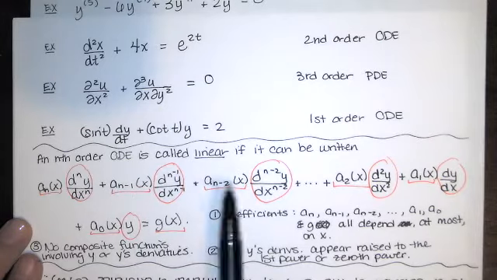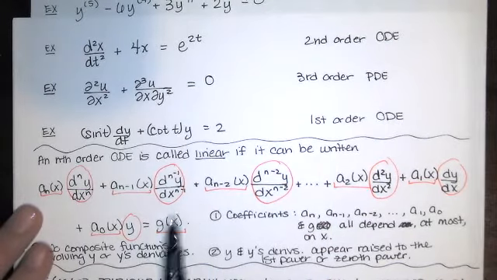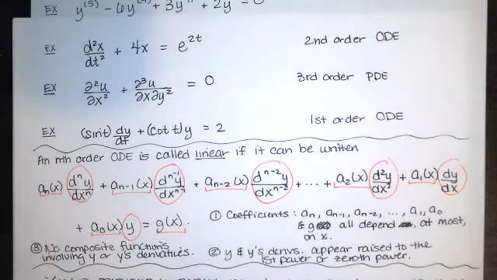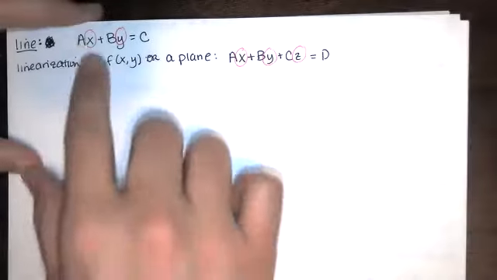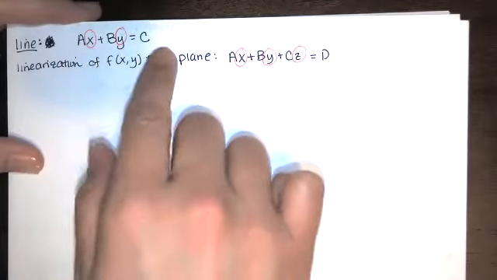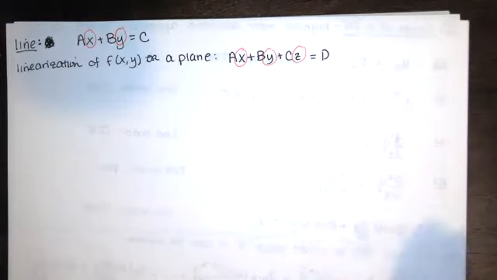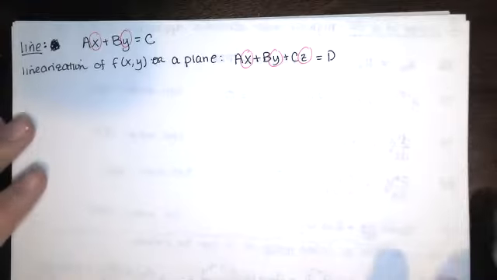If those coefficients don't depend on y or y's derivatives, and the right-hand side does not depend on y or y's derivatives, and all of the derivatives of y and y itself are all raised to the first power, then the differential equation is linear. Okay, kind of like this. So those coefficient functions are playing the role of these coefficients here. These coefficients are always constants. The other coefficients don't have to be constant, but they can't depend on y or y's derivatives.